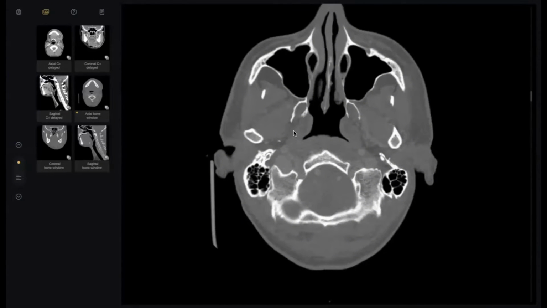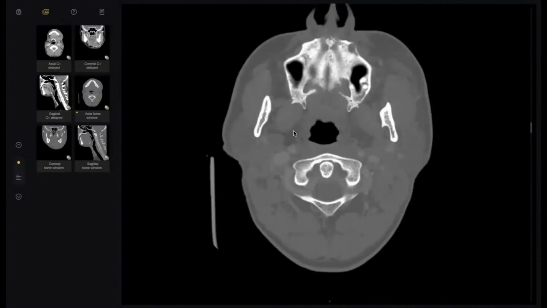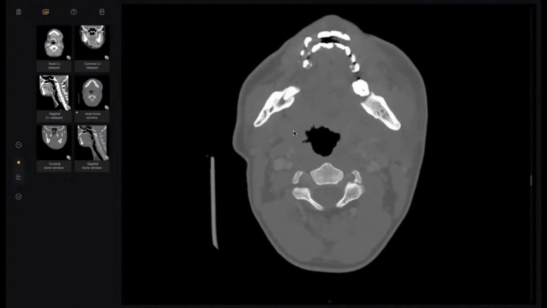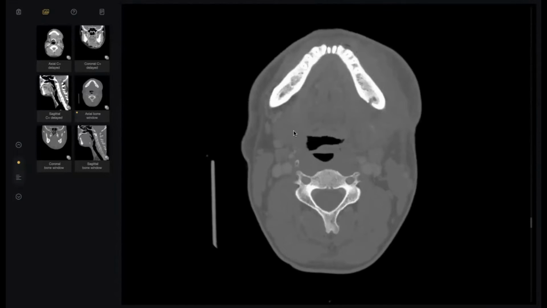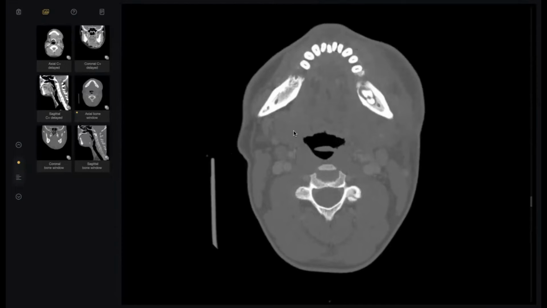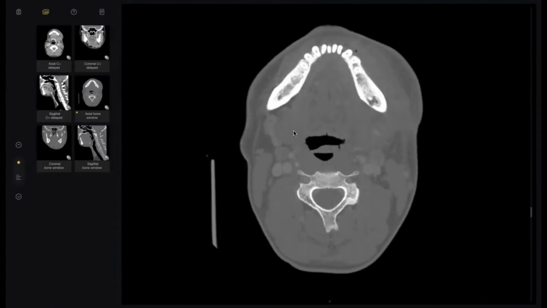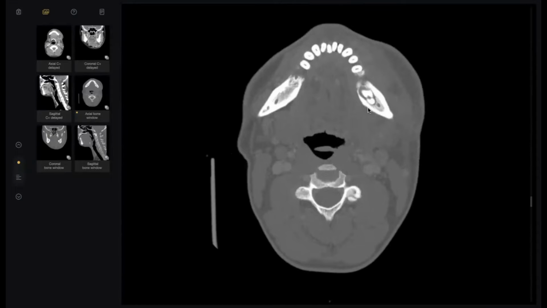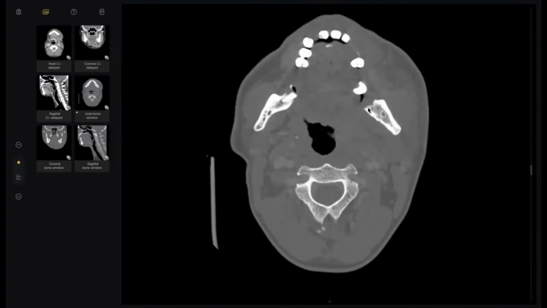It appeared normal. All the teeth also appear normal, apart from only a dense or lucent lesion within this tooth, which could be tooth caries or something.